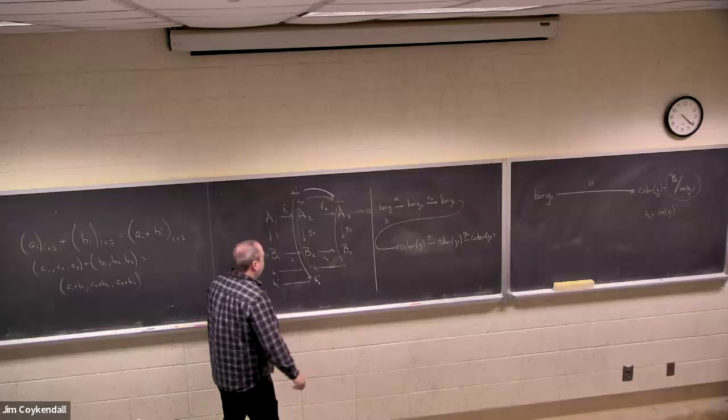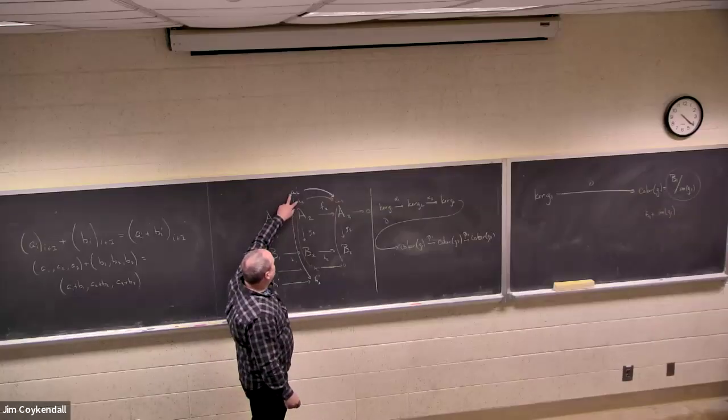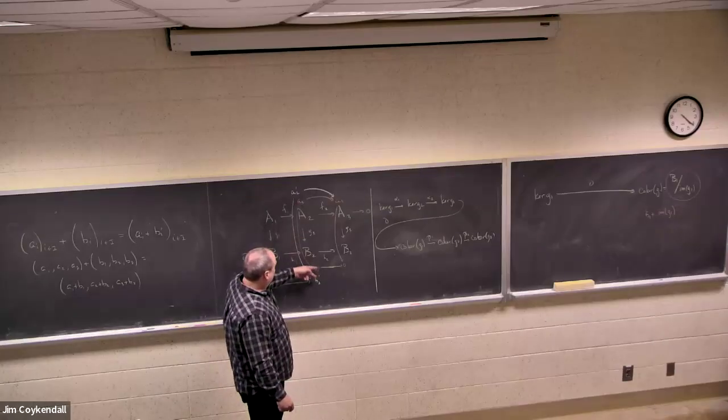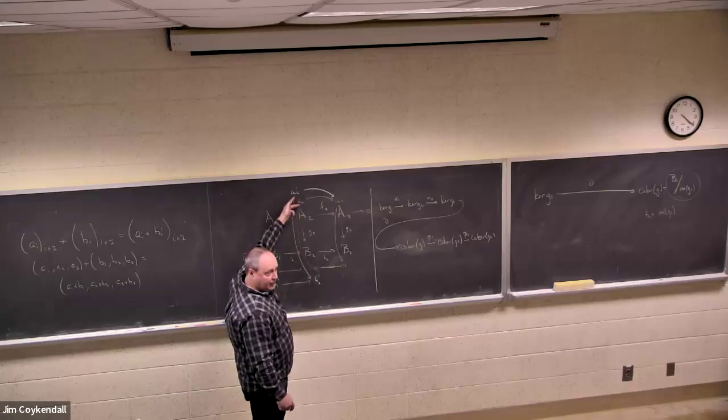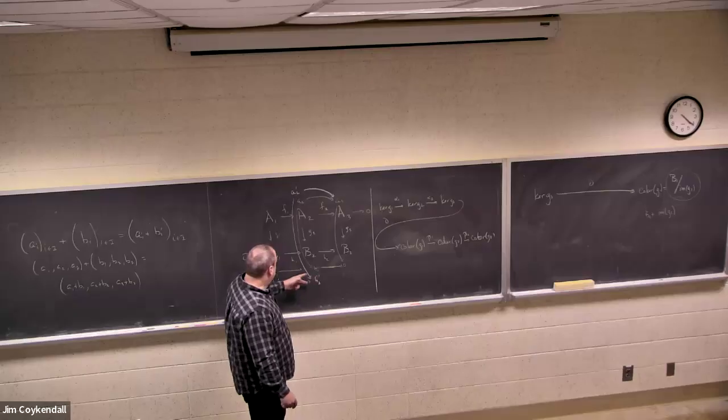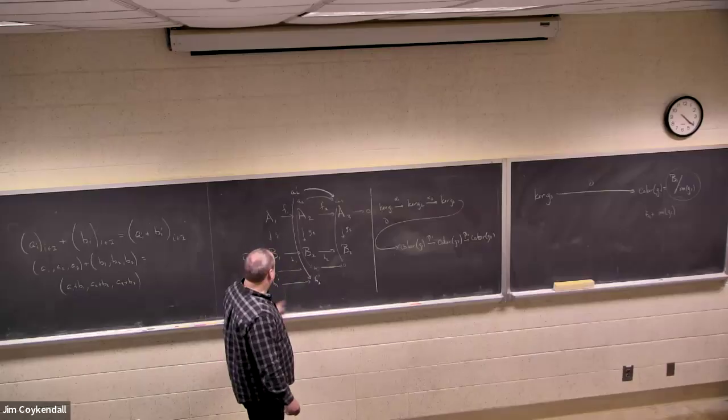You and I make different choices here, but once we've done that, my B2 and your B2 prime are uniquely determined once we make our choice here. And then what they pull back to are uniquely determined because H1 is 1-to-1.